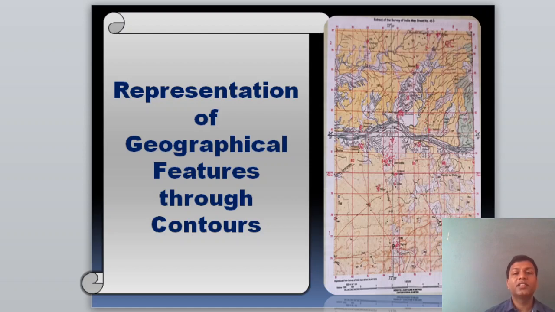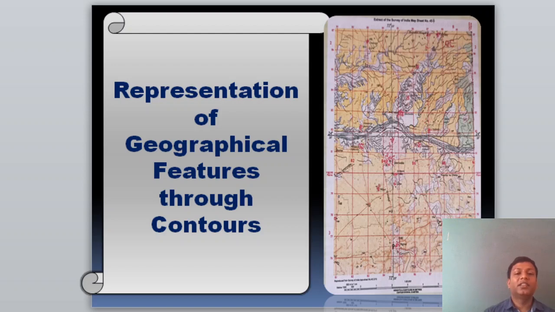Dear students, in the previous video, we learned the aims and objectives of your book. We are going to start the very first chapter of your book, that is representation of geographical features through contour lines. Contours.